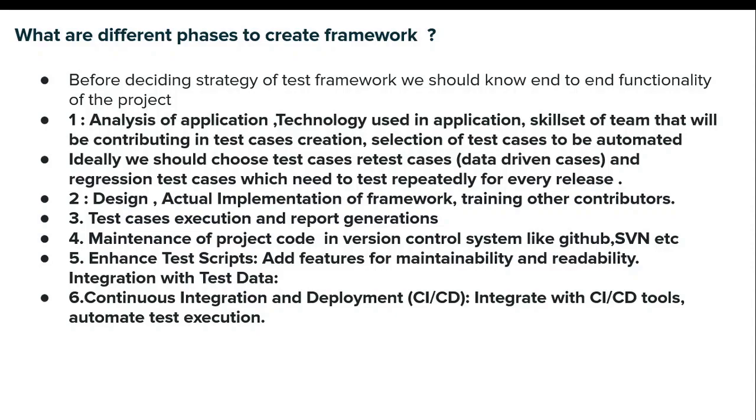If you know the end-to-end functionality, then it becomes easier to automate those test cases. If you don't know it, then it becomes very difficult, right? If you are writing the test automation script, ideally you should know how the application performs and what features are present in that application.